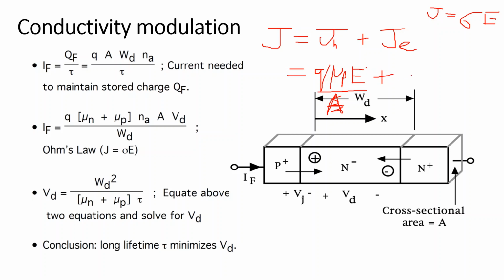Similarly, current density of electrons will be Q mu N times E.